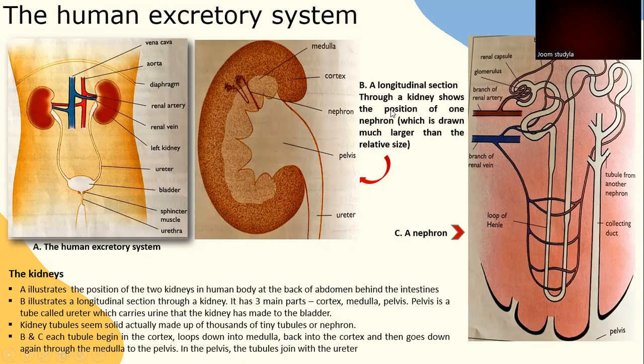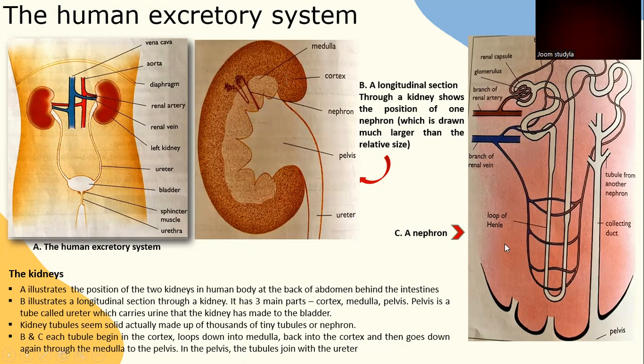Diagram B is a longitudinal section through a kidney which shows the position of one nephron, which is drawn much larger than its relative size. Inside the kidney, it shows the medulla, cortex, nephrons, pelvis, and ureter.